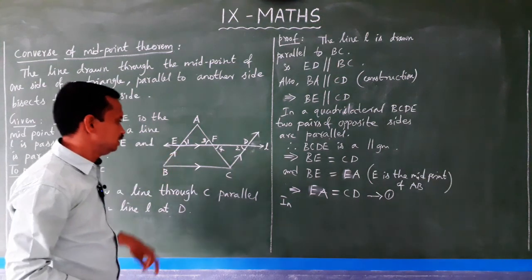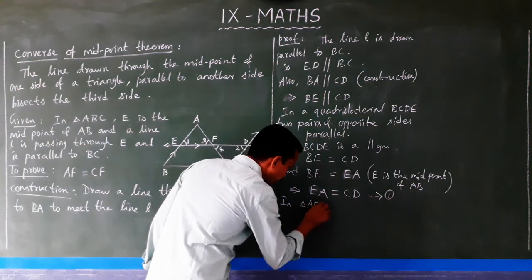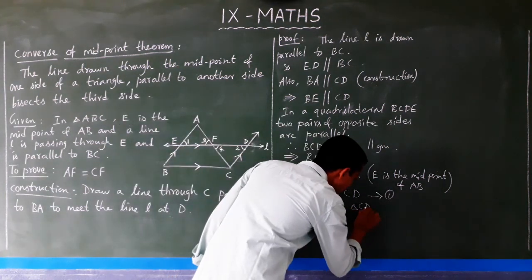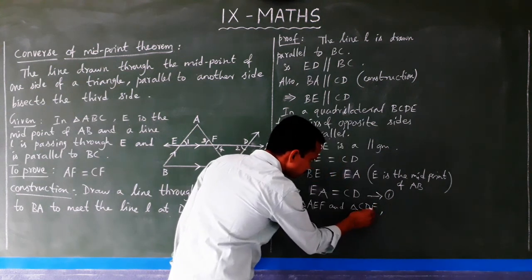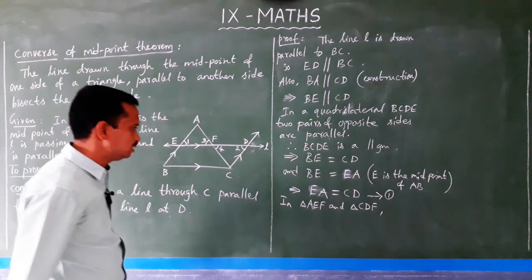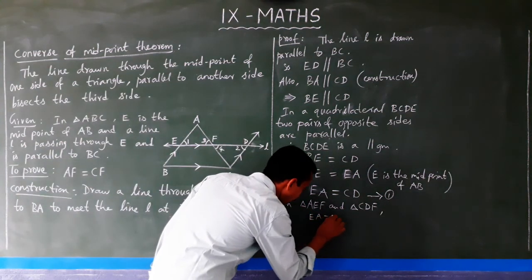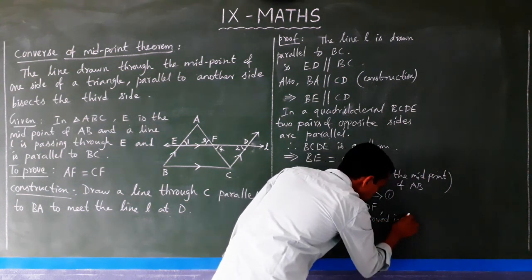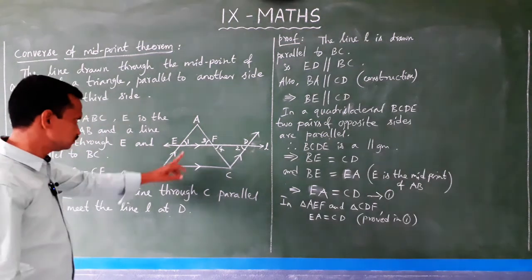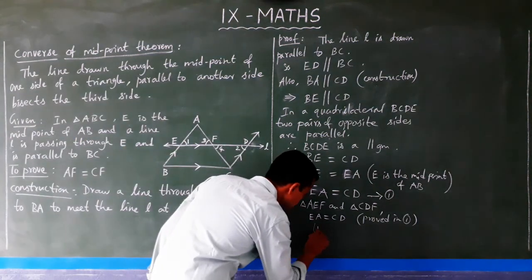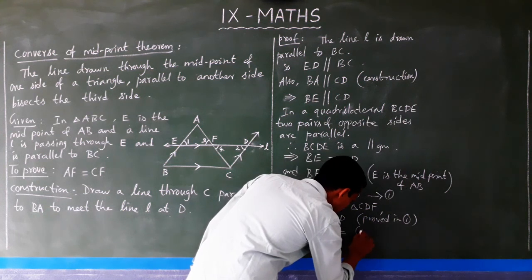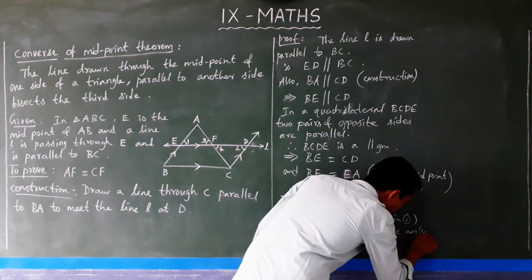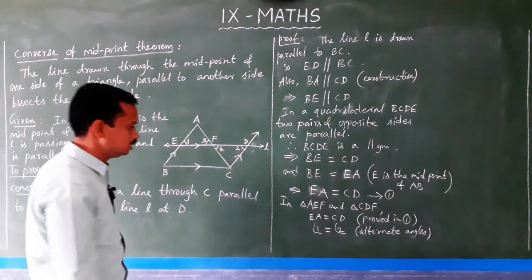Now, in the triangles AEF and CDF, we have EA equal to CD, proved in equation 1. And then angle 1 equal to angle 2, that you know, alternate angles. And then angle 3 and 4, vertically opposite angles.